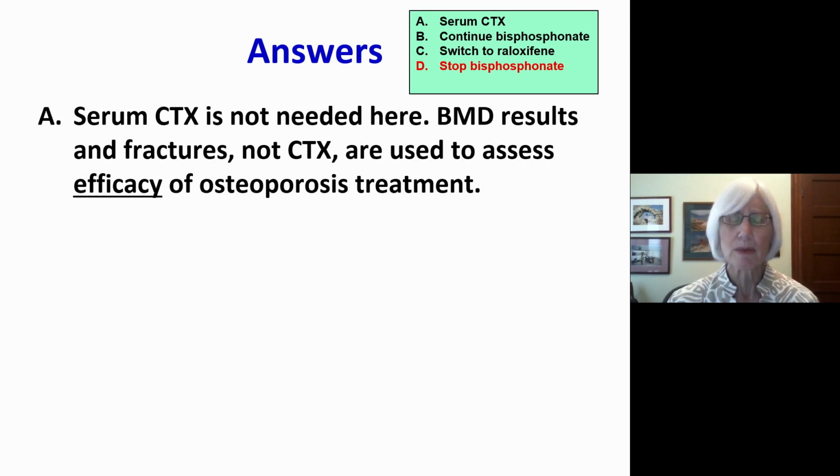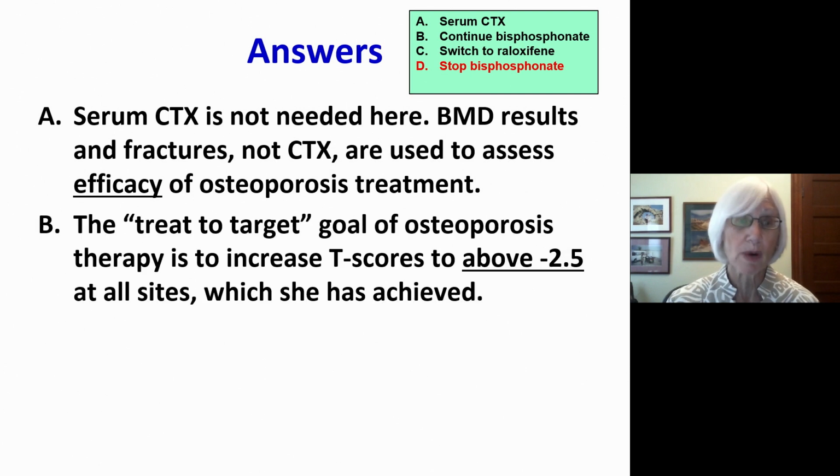Her bone density results and lack of fractures, not the CTX, are used to assess the efficacy of osteoporosis treatment, not the compliance. You can assume she's compliant. She's done very well with 5 years. The treat to target goal of osteoporosis therapy is to increase the T-scores to above minus 2.5 at all sites, which she has achieved.